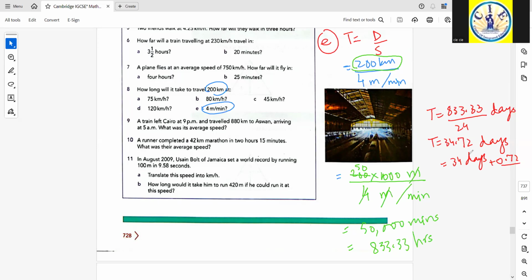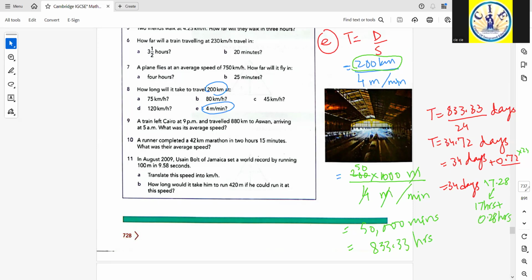That is 17.28, which means 17 hours plus 0.28 hours.